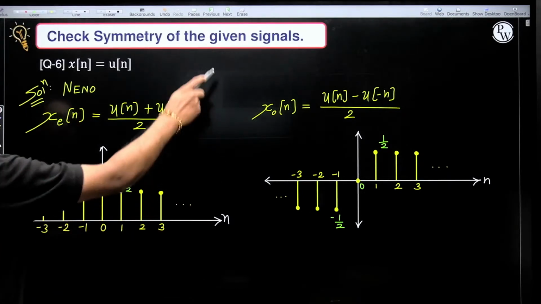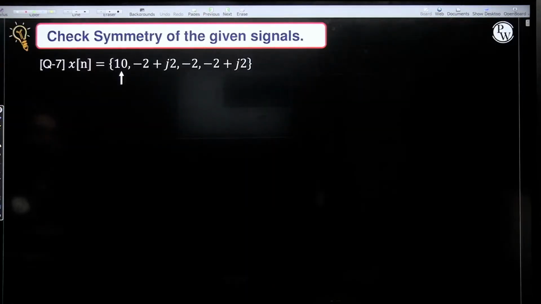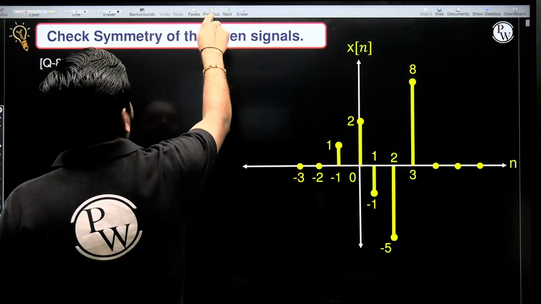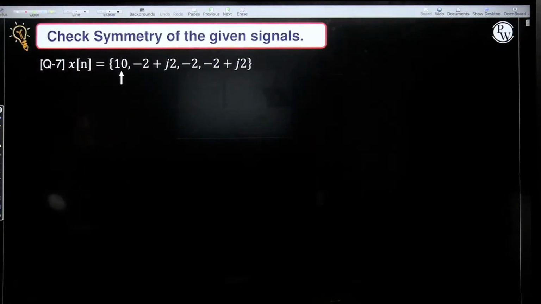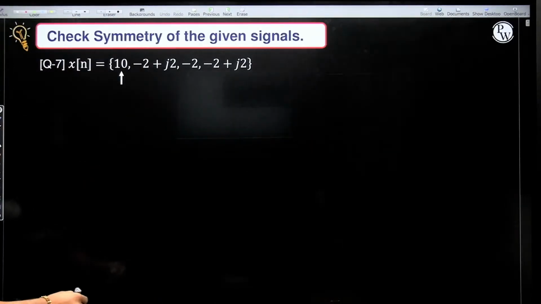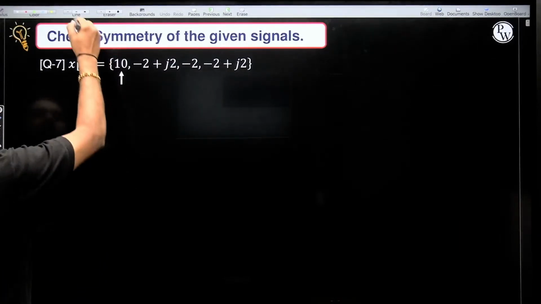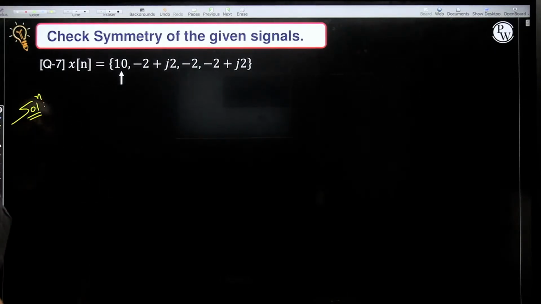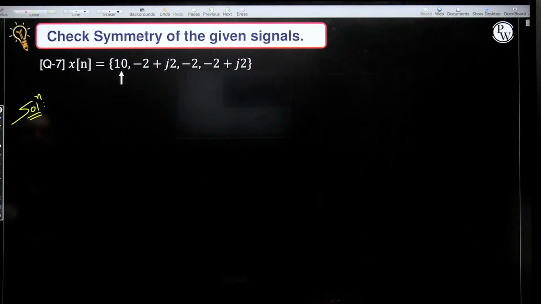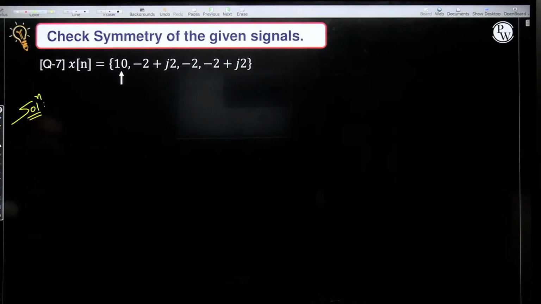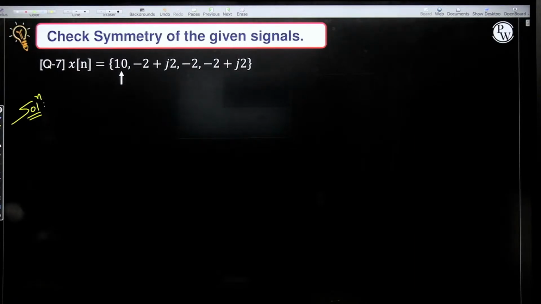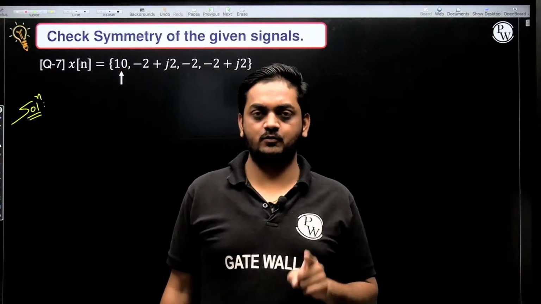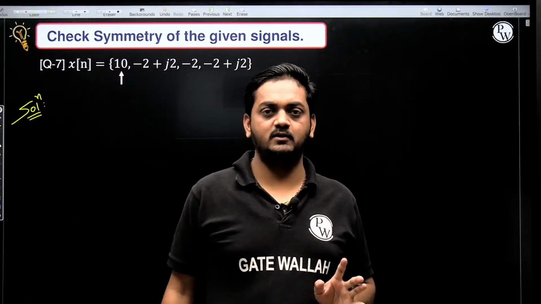Okay. Now next question, number 7. So x of n. Now see, this is a complex number. For a complex number, how to find even part and odd part?